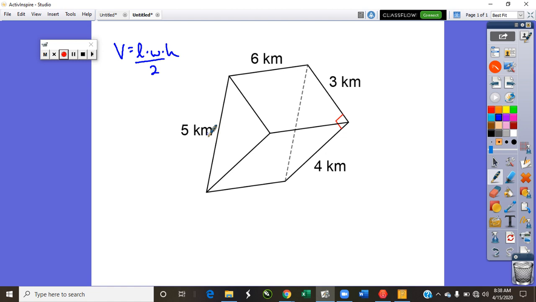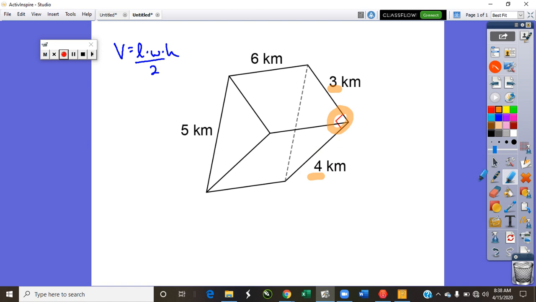The one that we don't need is what we call a slant height. Remember, what determines the true height of any figure is where there is a right angle. You see how I have a right angle right here? That means that this measure is important and this measure is important.